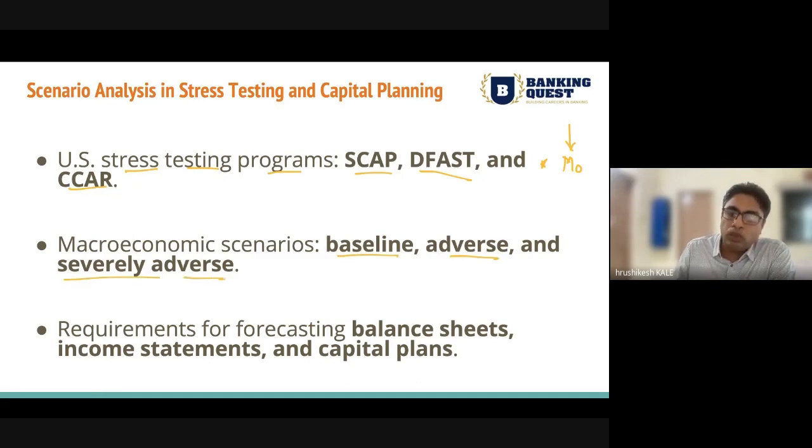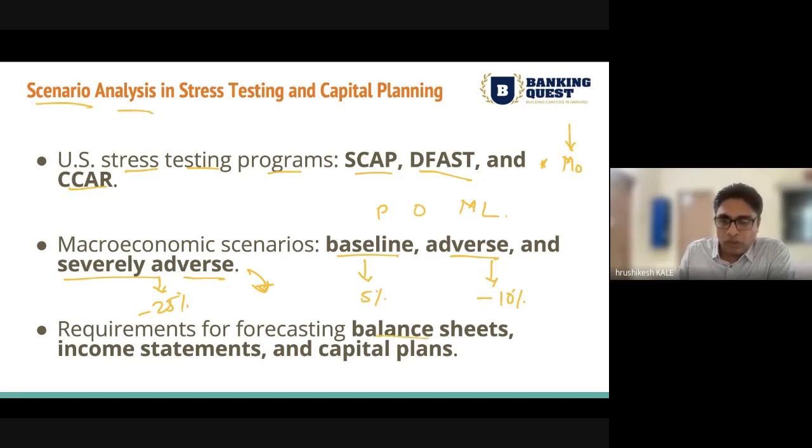So I took pessimist, optimistic, and most likely, right? Similarly, they have baseline. So basically, baseline means 5%, adverse is minus 10%, and severely adverse means, let's say, minus 25%. How will you survive during those scenarios? How you should act? That all comes in scenario analysis.